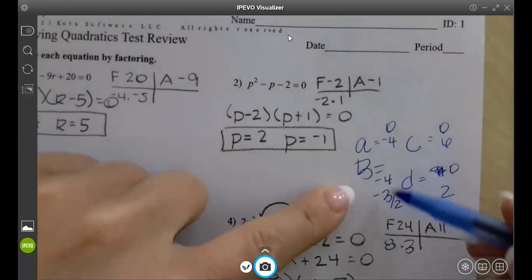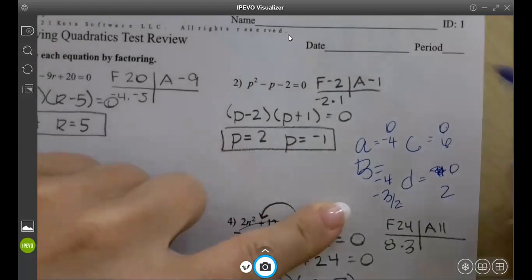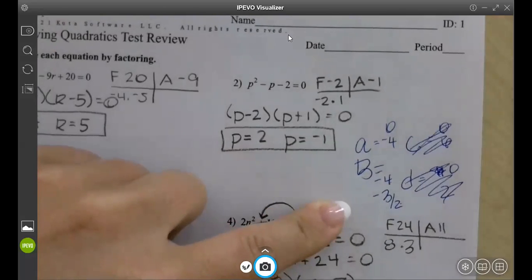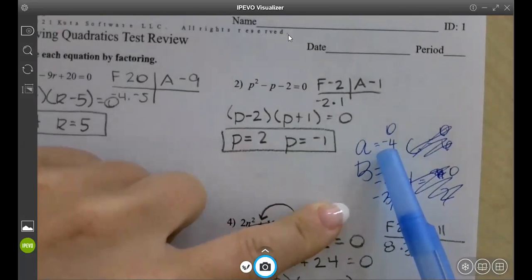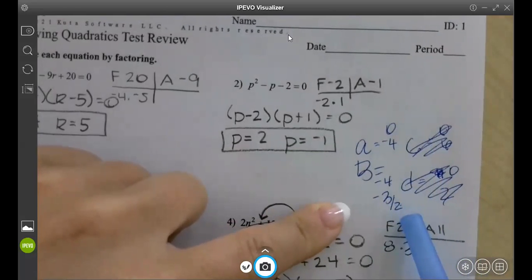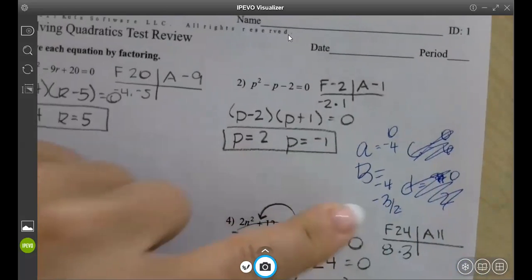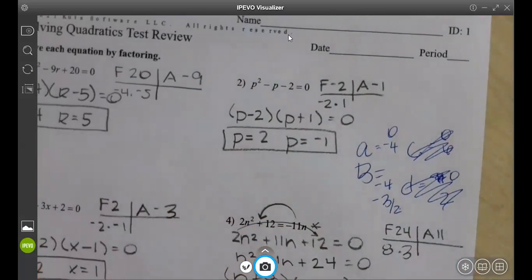So like if these were your choices, 0 and negative 4, negative 4 and negative 3/2, 0, 6, 0, 2. We know it's not going to be these two, so I'd mark them out. I know it's not this one because it's not a fraction or a decimal. Does that make sense? But if they both had fractions, just type that fraction in and see if it matches the decimal that was on Desmos. Okay, and if you have that question tomorrow, just ask.